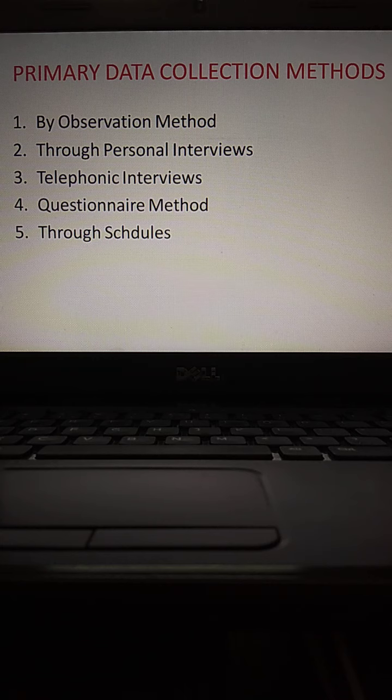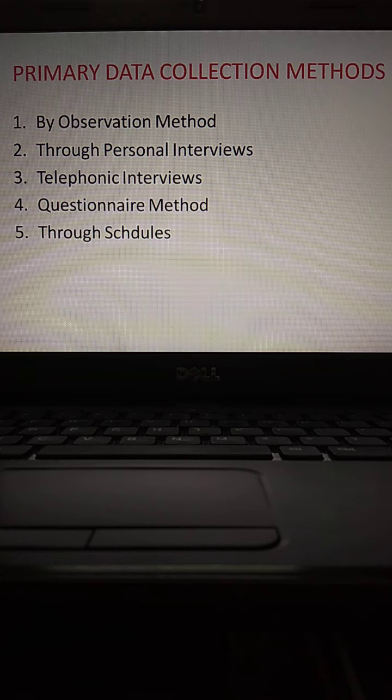Closed-end questions would be there, open-end questions would be there. Various types of questions are there, so based upon the question, the kind of response you are supposed to record. Multiple choices would be there as far as the answers are concerned. So this method is known as the questionnaire method.